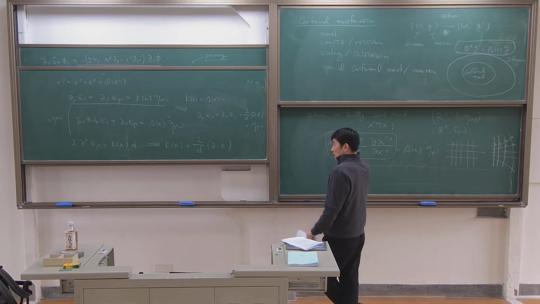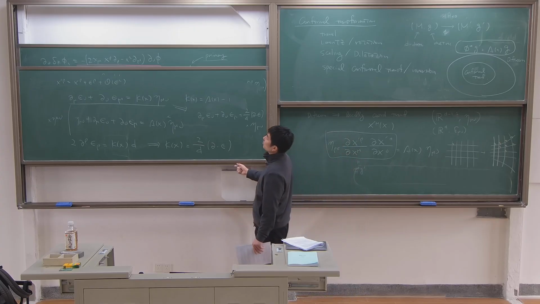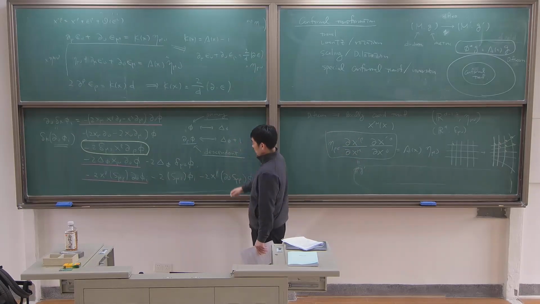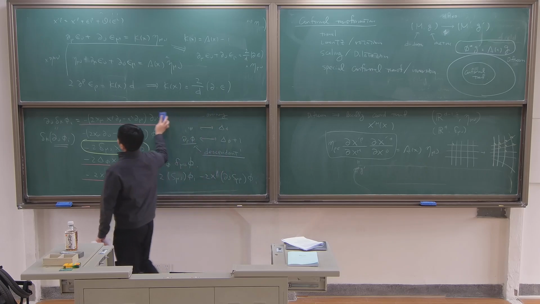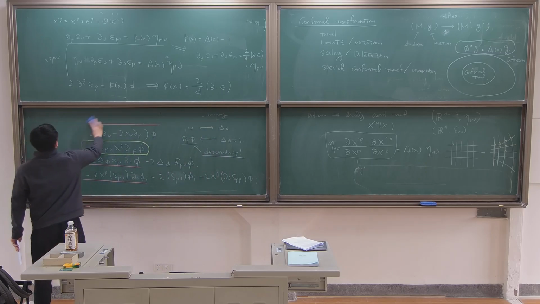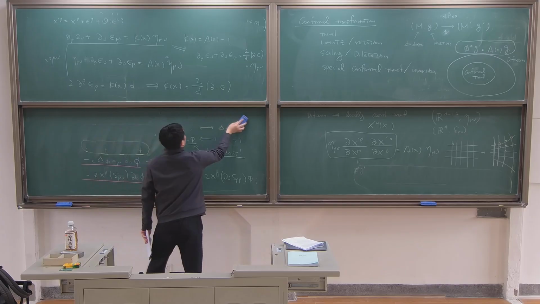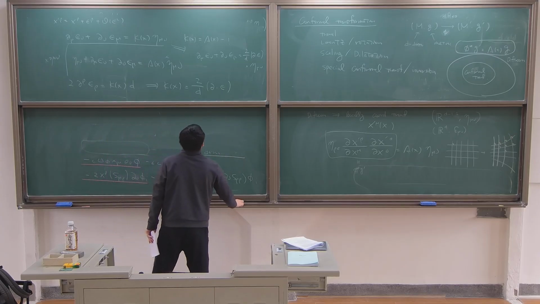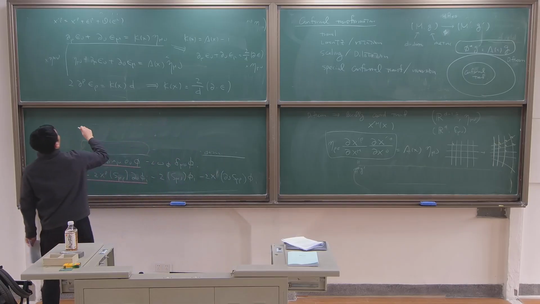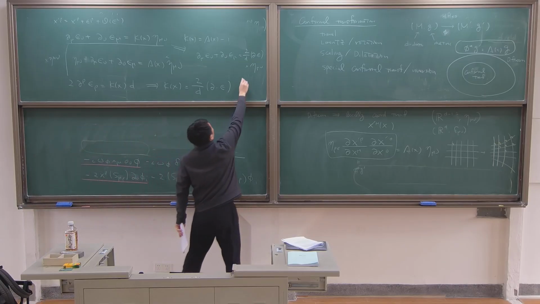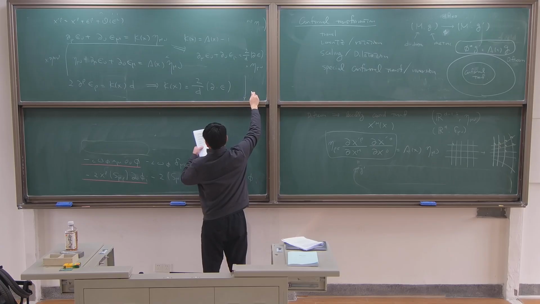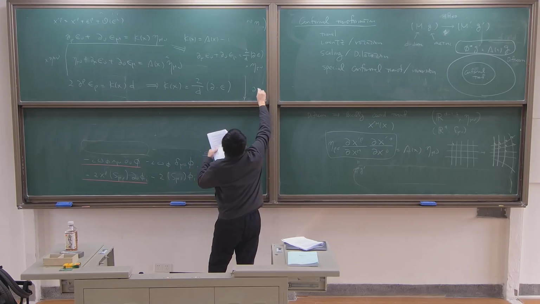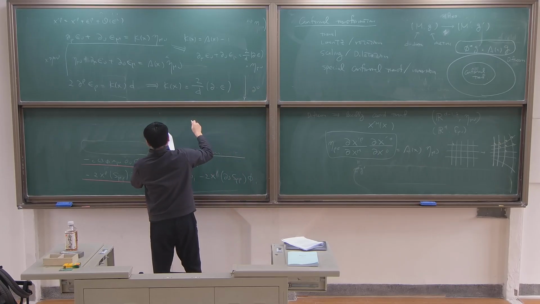Fine. And you can do the further implementation of this one. Implementation of the transformation is that here, if you further act on it with, say, mu here, then what you get is the partial mu.